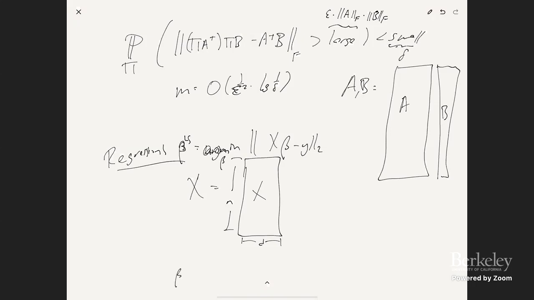Instead we just compute beta tilde LS, which is the argmin of pi X beta minus pi y. Right. And you want to argue that this beta tilde is approximately optimal. And that's something you can do as well. There are sampling approaches, I want to say a word about that, but also random projection approaches. And the key thing there, it turns out, is that you want what's called the subspace embedding property.